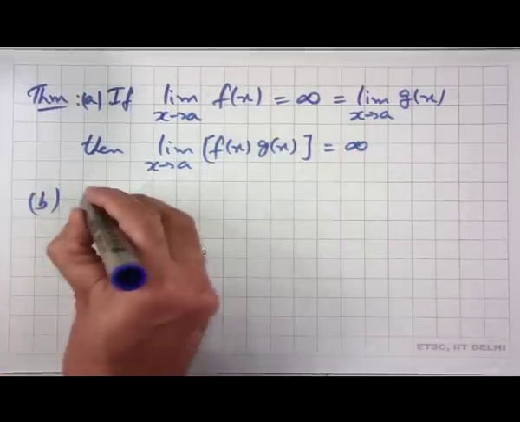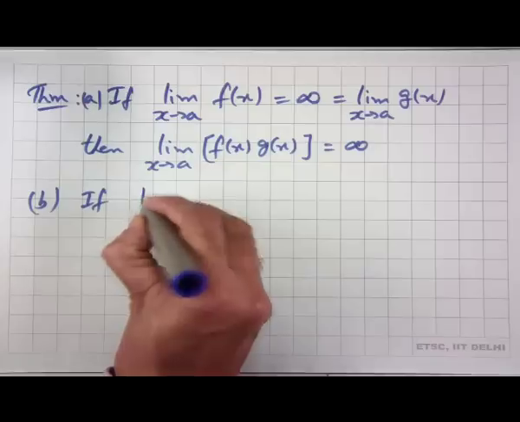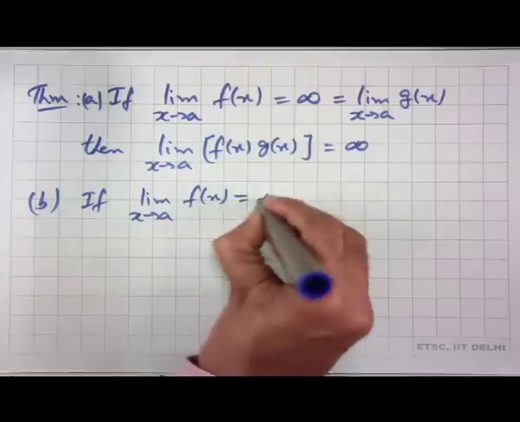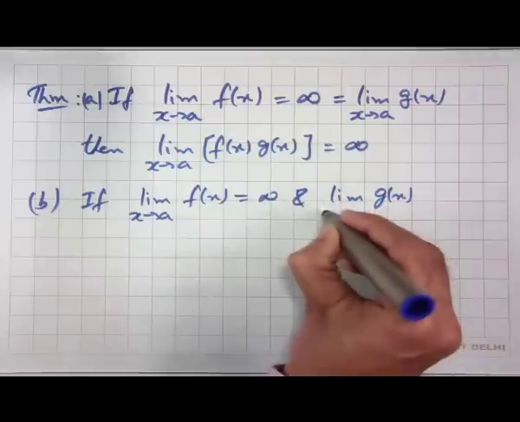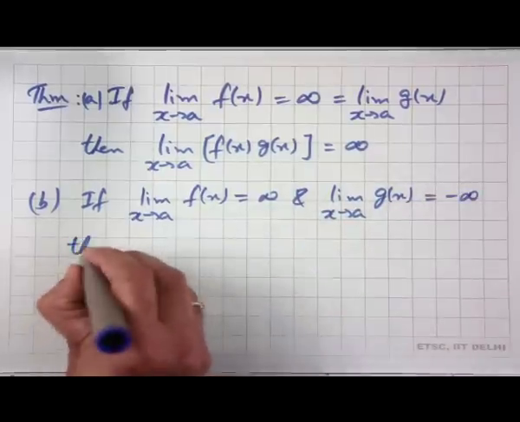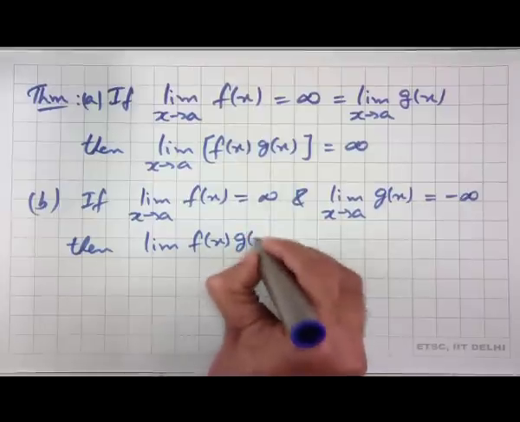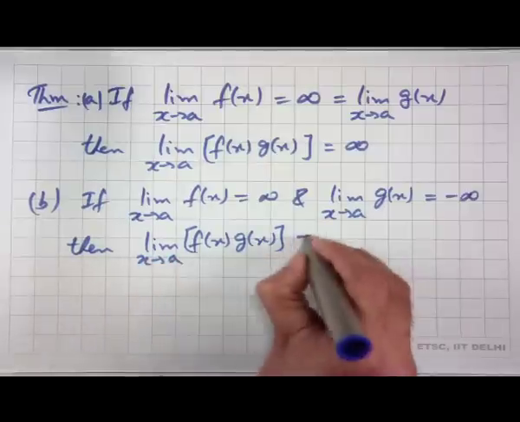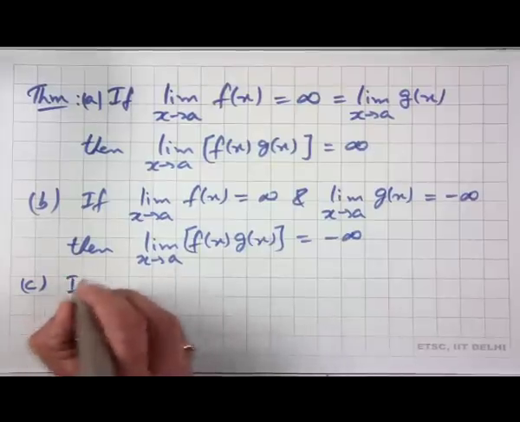and the other one is, if one of the limits is infinity and the other is negative infinity, if limit of f of x is infinity and limit of g of x is negative infinity, then limit of f x times g x is negative infinity, and you can have both the limits to be negative infinity.